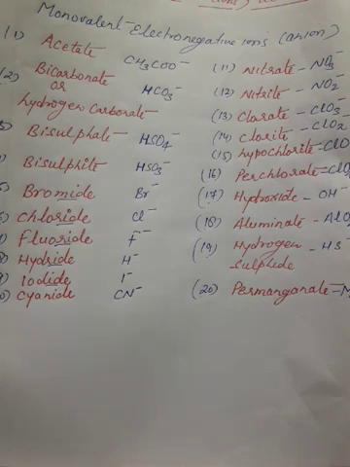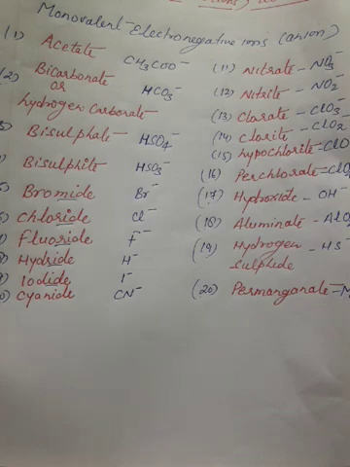Then see chlorate. Chlorate is also made up of two elements only, chlorine and oxygen. Chlorate ClO3. One oxygen less than ate, what will be the name? Ite. Chlorite ClO2, 1 minus. We are studying only monovalent. One oxygen less than ite will be known as hypochlorite.